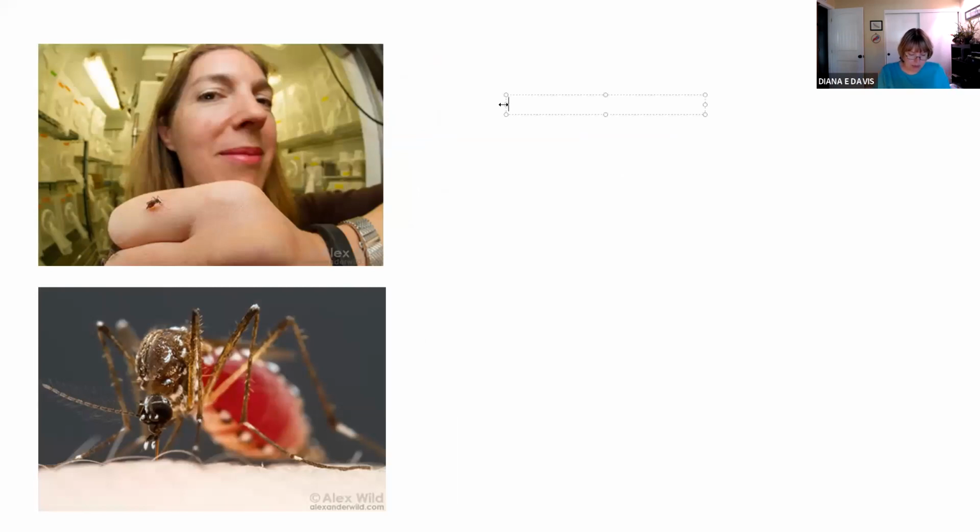The next method of transportation is by arthropod or vector. So a vector is an animal that can carry a disease from one individual to another individual.